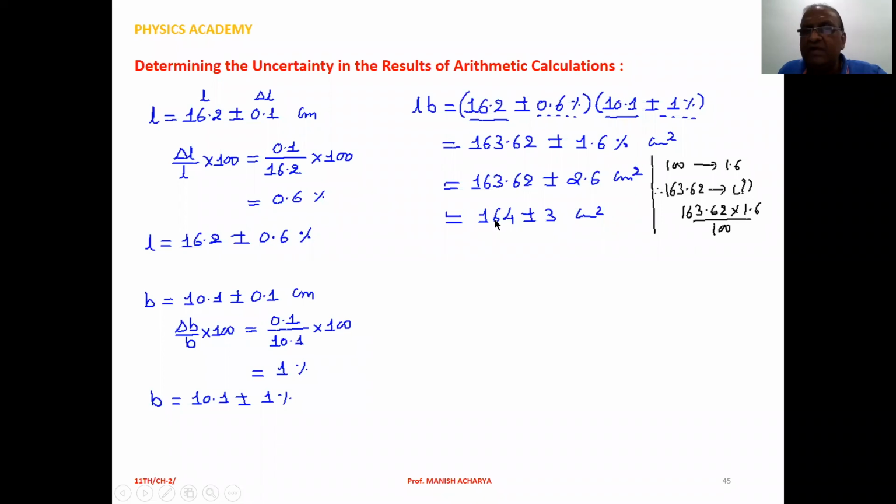So your true value will be 164. Then see this absolute error should be with one significant digit. Here the absolute error appears with two significant digits, so again you have to restrict it up to 1. Discard 6, which is greater than 5, so add 1. So your final result is 164 plus or minus 3 centimeter square. Clear?